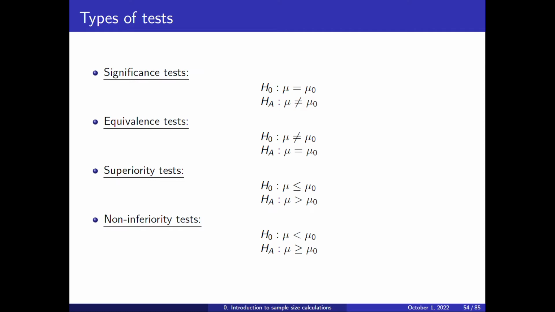You want to show that the effect of your generic is equal to the effect of the reference drug, and showing equivalence is much more difficult than showing significance. So in science, we typically use significance.